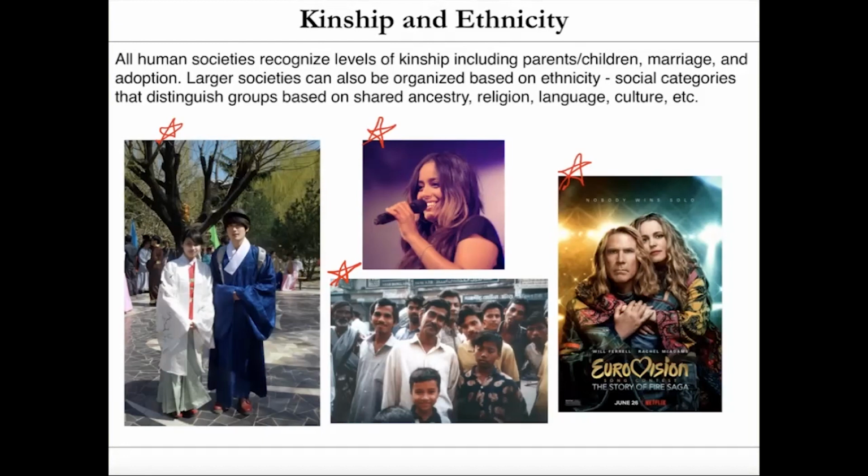So if you go on dates, modern advances in biotechnology, such as genetic sequencing, let you check before you really settle down and get to know someone, just to make sure that they don't happen to be a first cousin or something like that. So kinship and ethnicity, a very important topic for society, can be influenced by things like biochemistry.